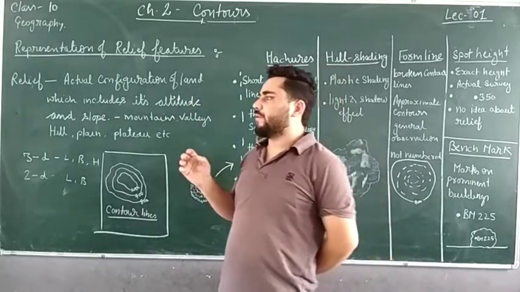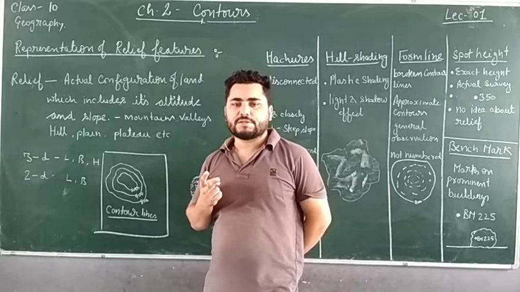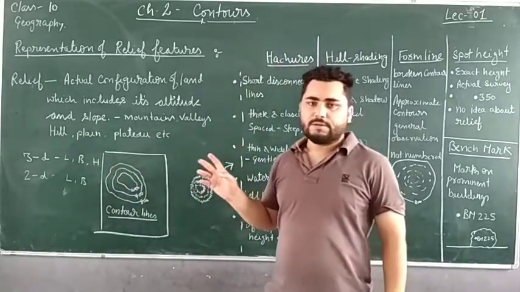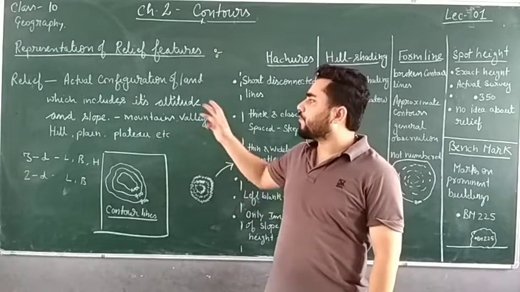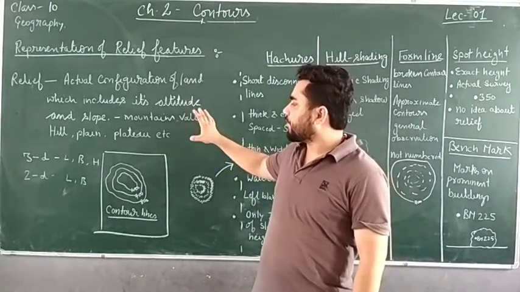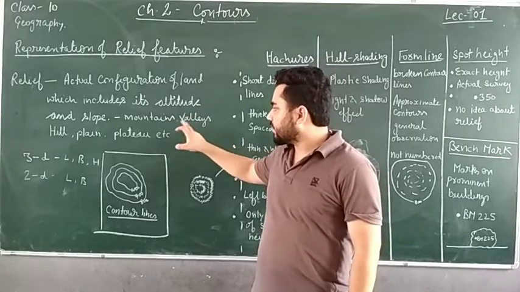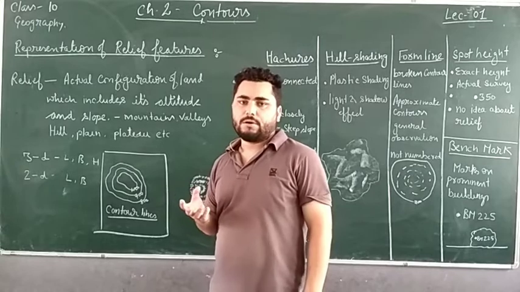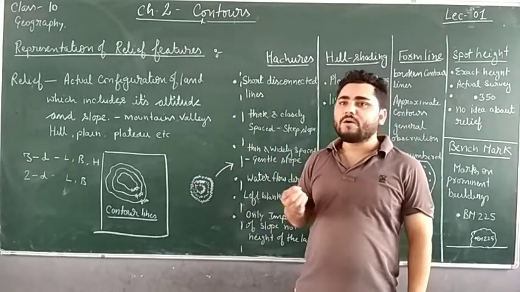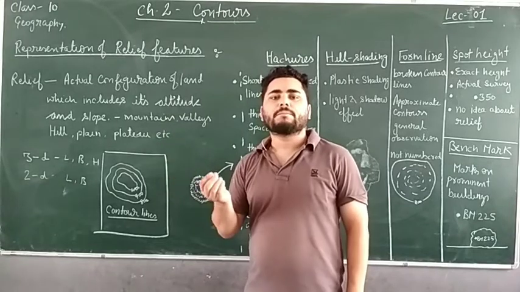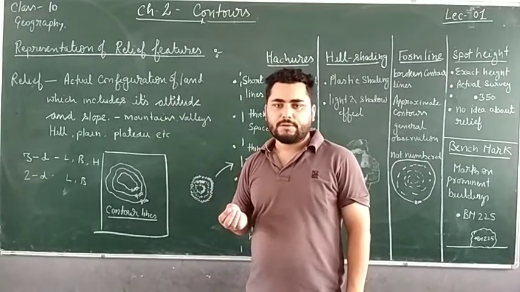On a piece of paper, we can have only two dimensions, either length or breadth, not the height, right? So how will we represent these relief features on a piece of paper, or you can say on a map?